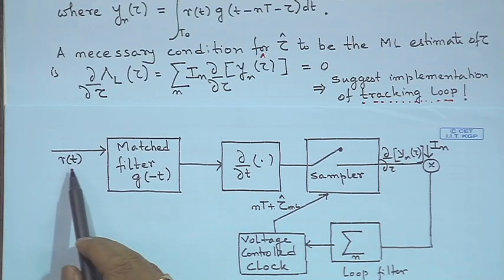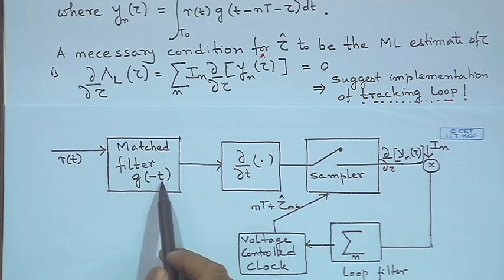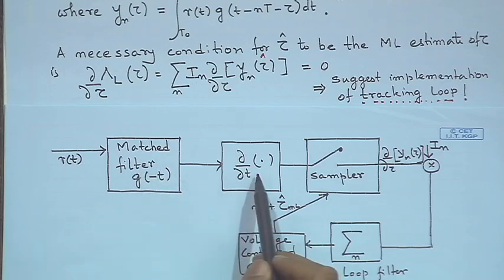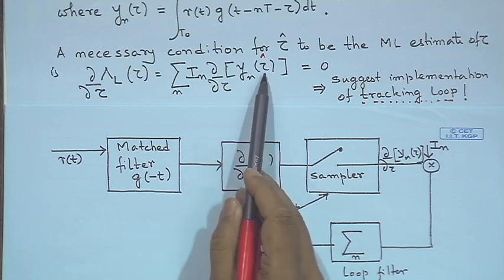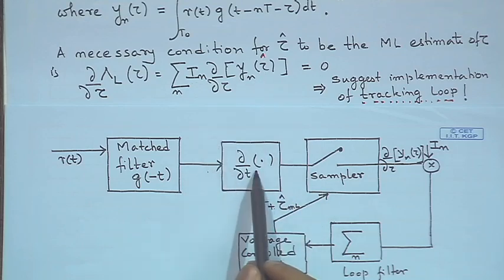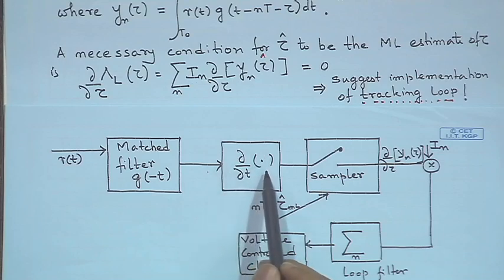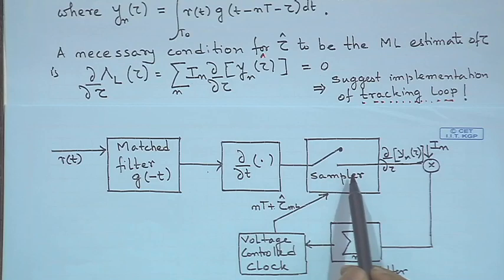We have r(t), the matched filter, g(-t) because it is a flipped version. So, this is the matched filter to g'(t), the derivative. So, output here is Yn of tau. So, you have this d/dt, right. This is the derivative. You take the sampler, that means you are reading the value at a particular time instant.